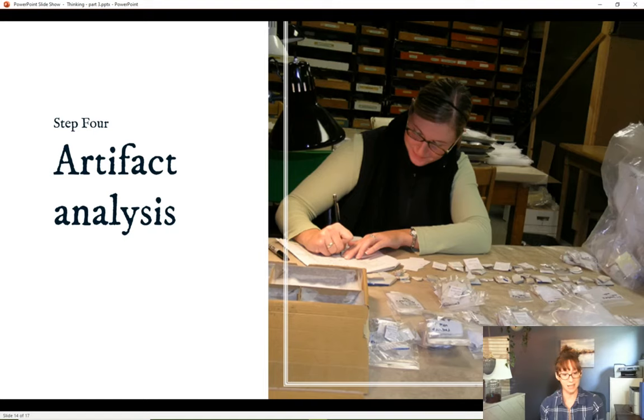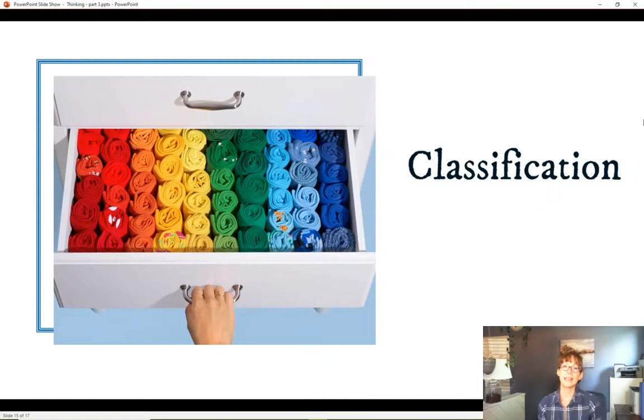You had some practice yesterday making observations and inferences about artifacts. So today we'll introduce another step to the process. And that step is classification. This is simply making observations about certain artifact attributes and then organizing the artifacts into categories.